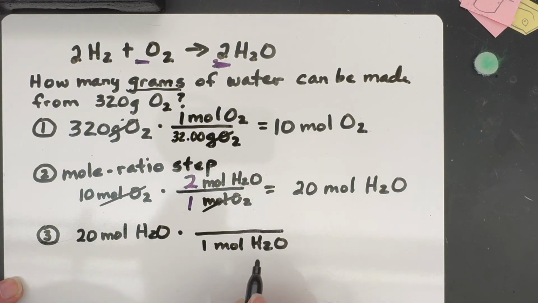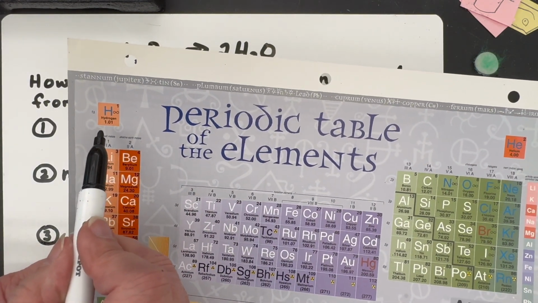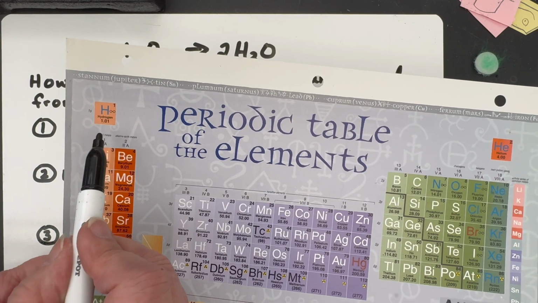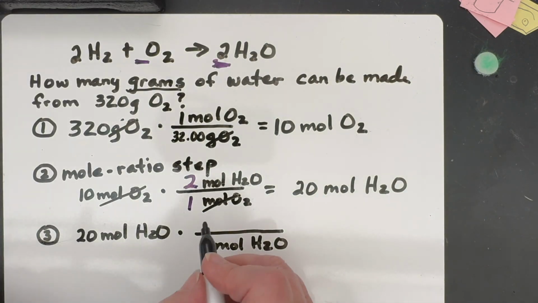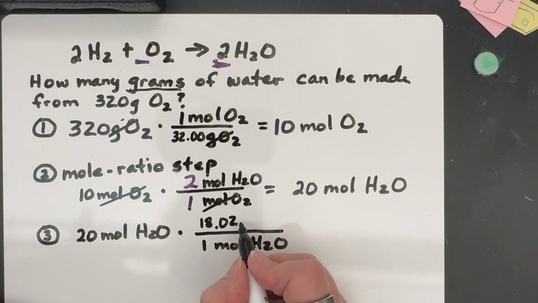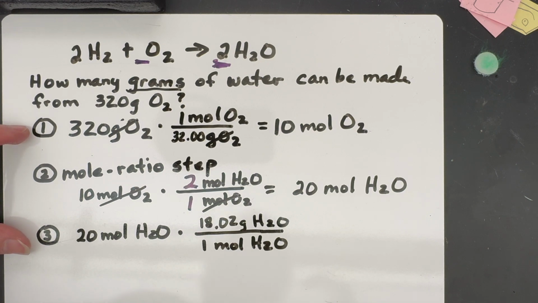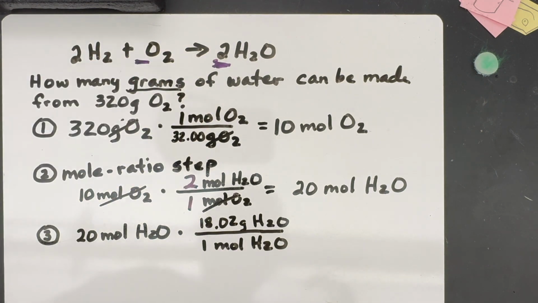And 1 mole of anything, we can figure out the mass by adding it up off the periodic table. So hydrogen is 1.01, we have 2 of those. So that's 2.02 plus our oxygen, which is 16, which gives us 18.02 grams of water. So notice on both the first and last step, when you're going between grams and moles, the moles is always going to be 1, and the grams you add up off the periodic table.